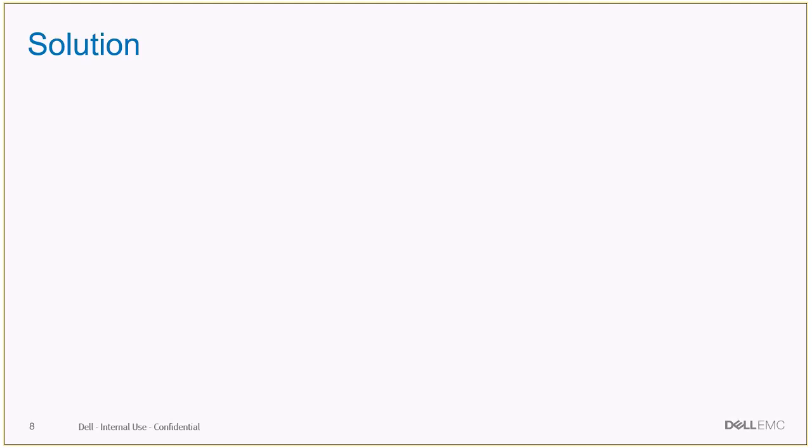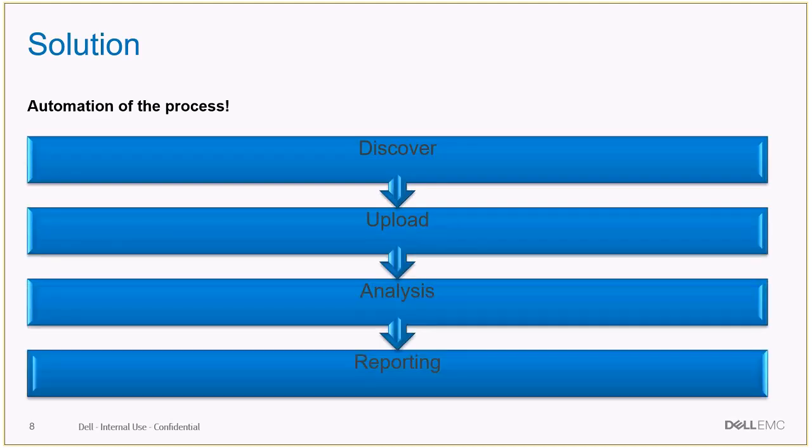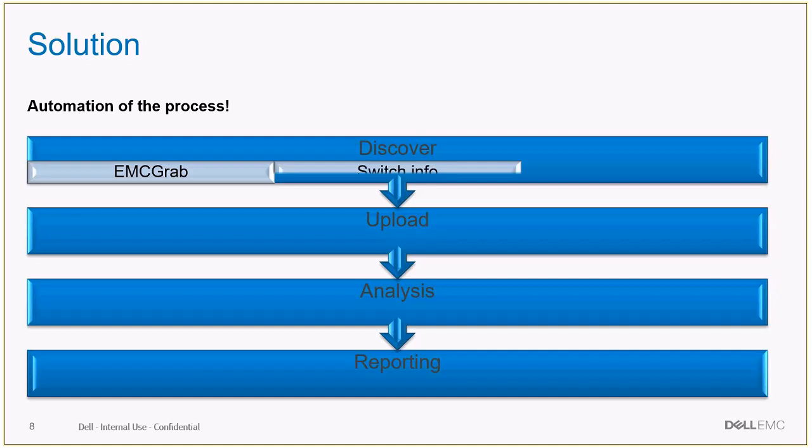So what's the solution to this? Just automate the process. So in the discovery area, we can automate collection through the use of the EMC Grab, as well as gathering the switch info through a simple one-command collection. We can further automate this through the use of the ECT tool.